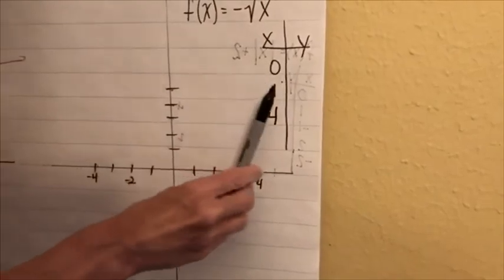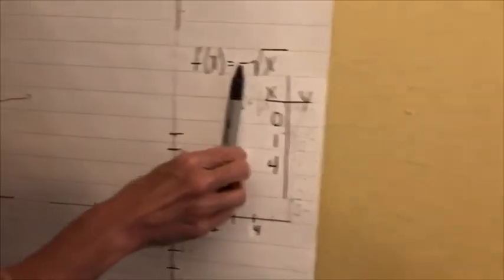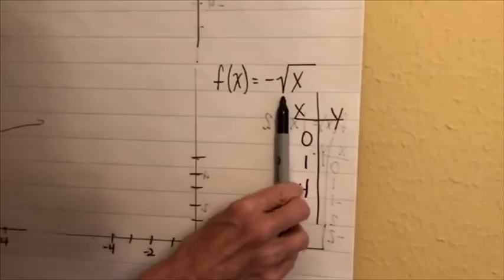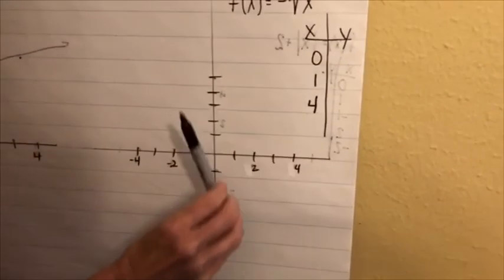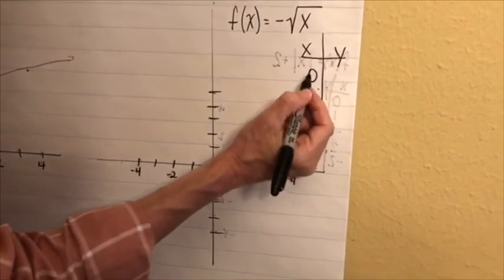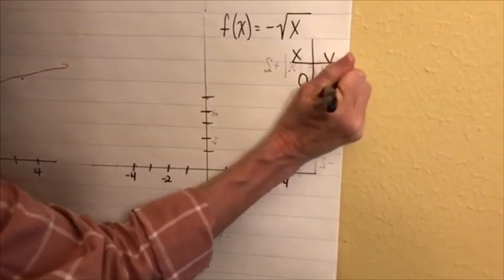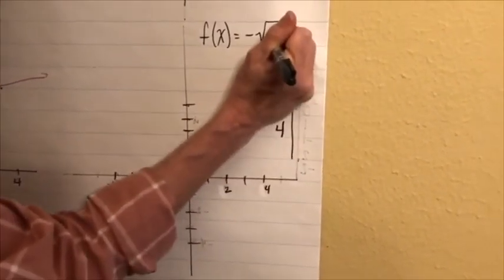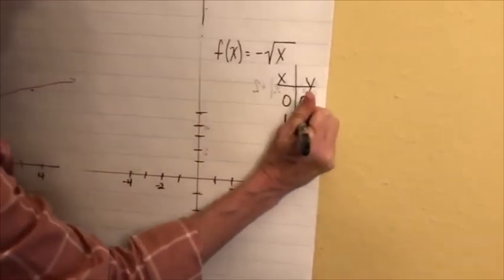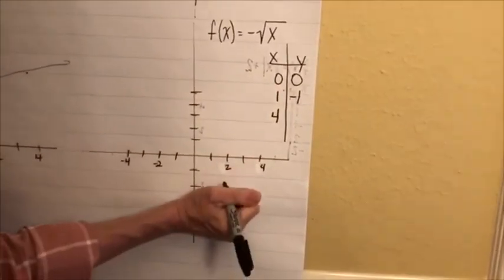So now, how would you predict putting a negative sign in front of the square root of x is going to change this original graph? Okay, hopefully you have some thoughts, some ideas about that before we graph it. So when x is 0, y will be 0. When x is 1, well, the square root of 1 is 1, but we want the opposite of that. So y will be negative 1.